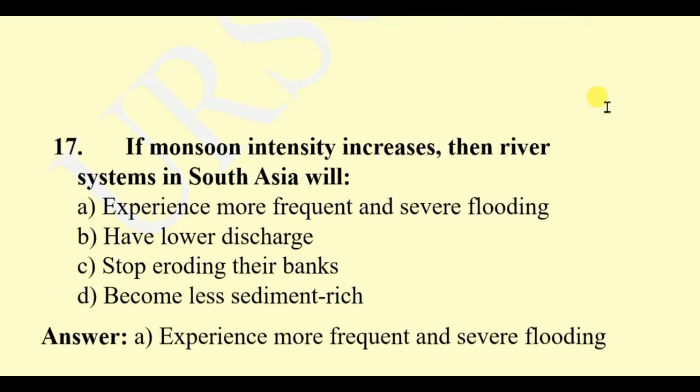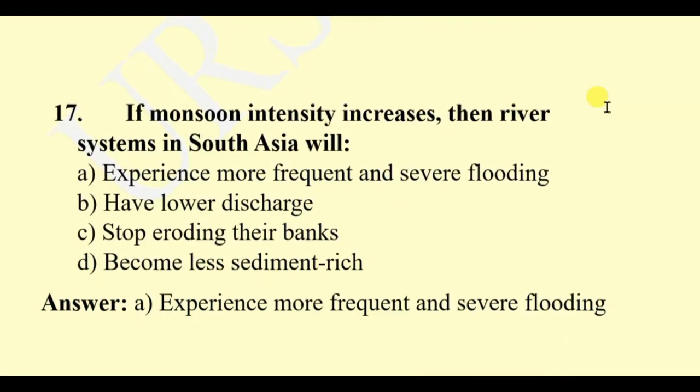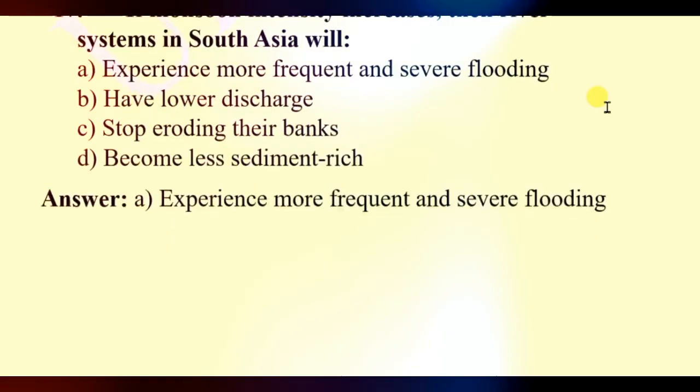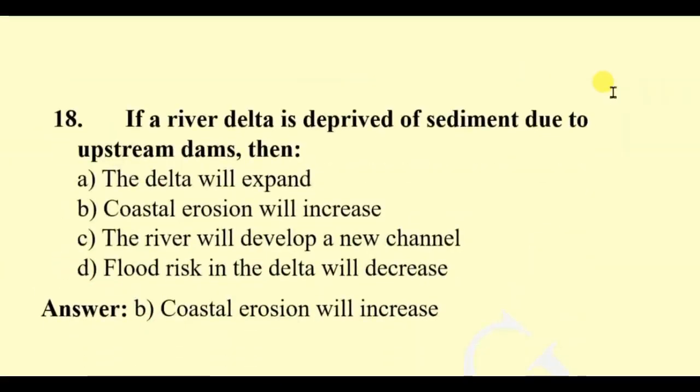Question number 17. If monsoon intensity increases, then river systems in South Asia will experience more frequent and severe flooding, have lower discharge, stop eroding their banks, or become less sediment rich. The right answer is, of course, experience more frequent and severe flooding. Question number 18.